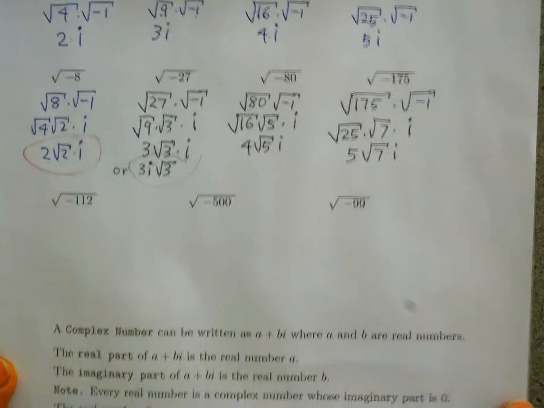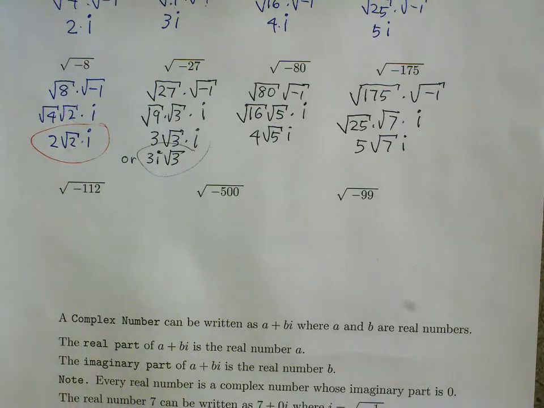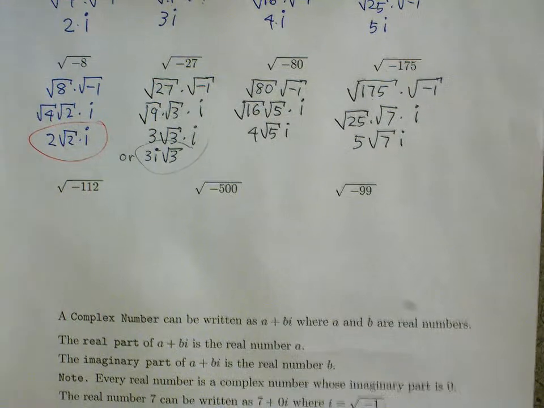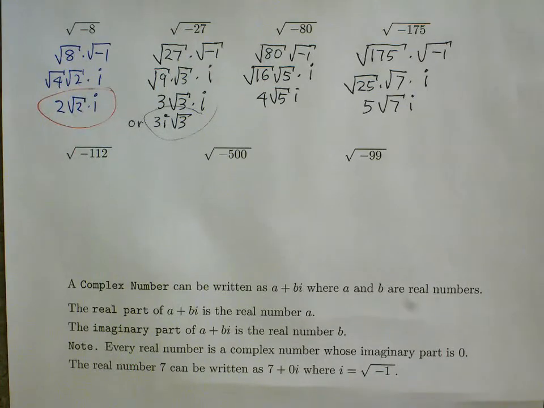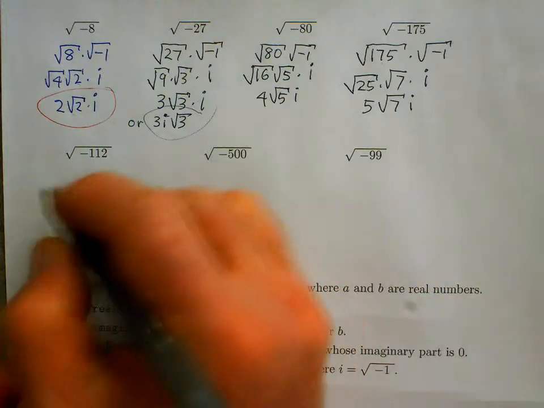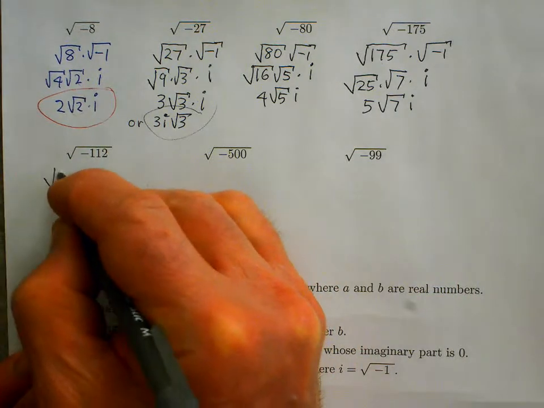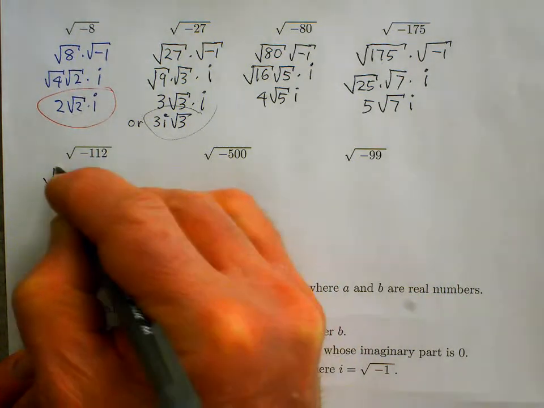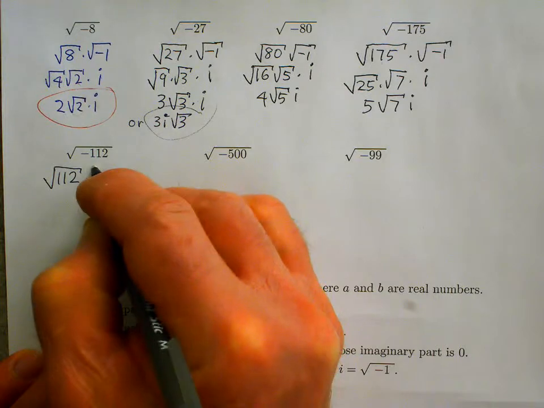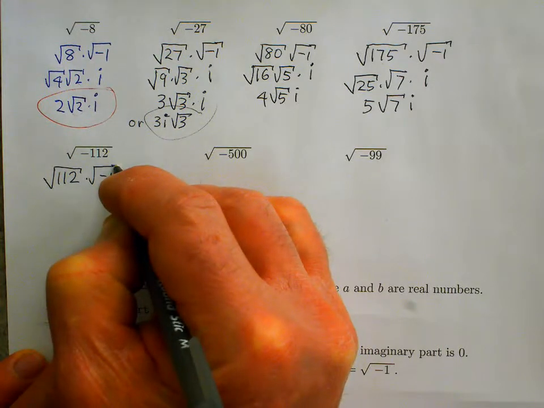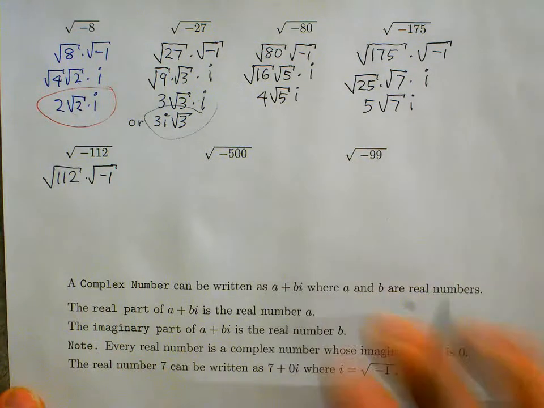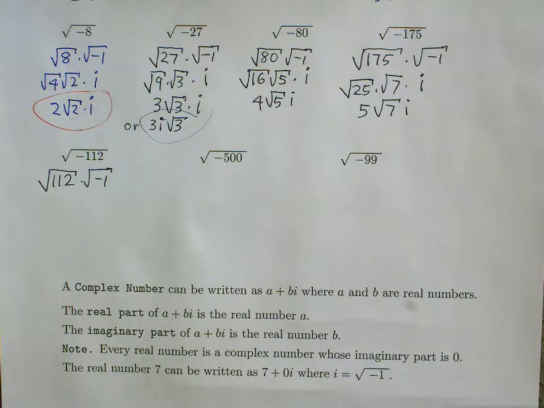Okay, we'll keep going until we run out of problems or run out of time. The square root of -112, write that as the square root of +112 times the square root of -1. So I'll let you answer a couple of questions.